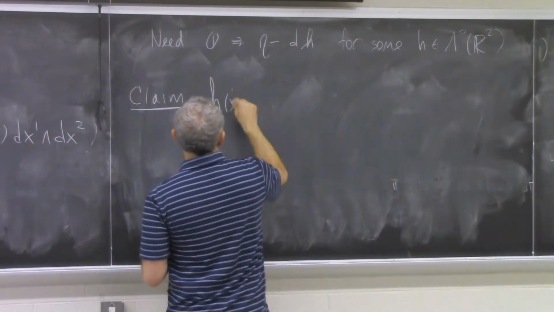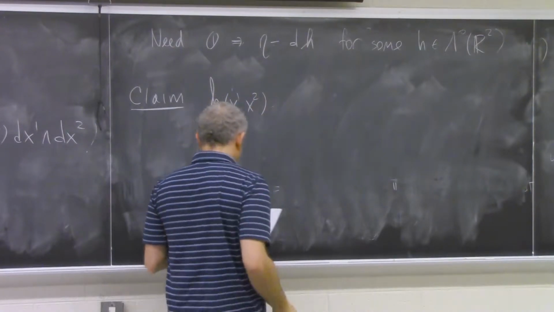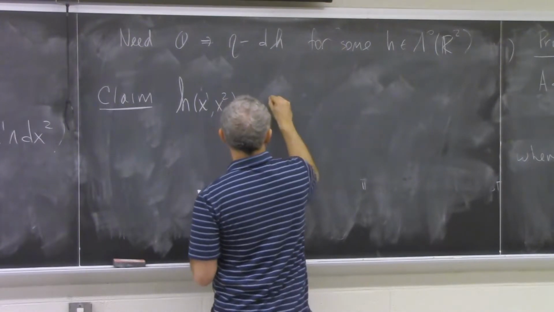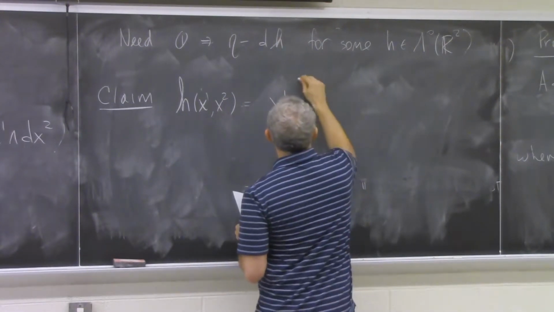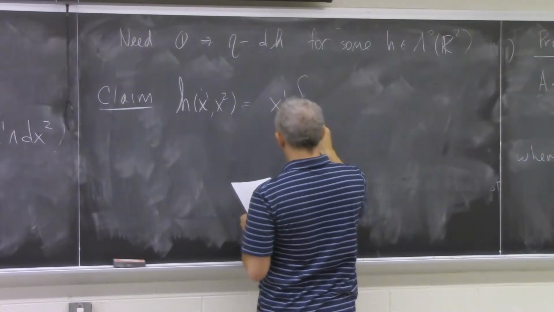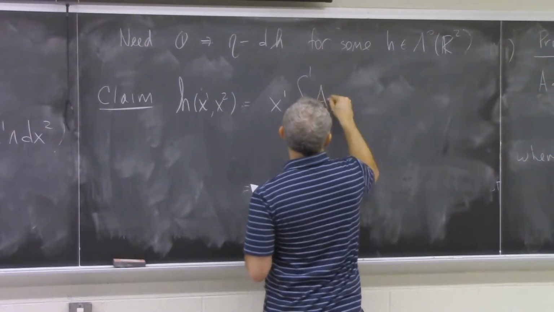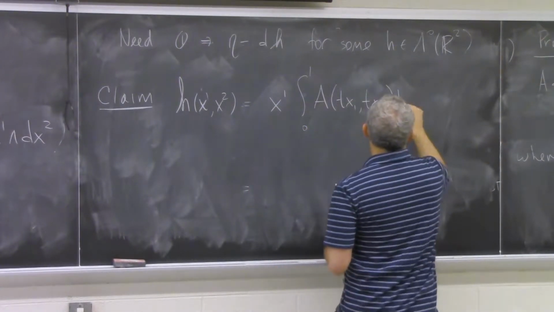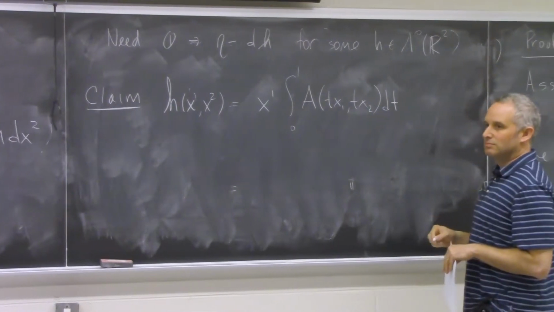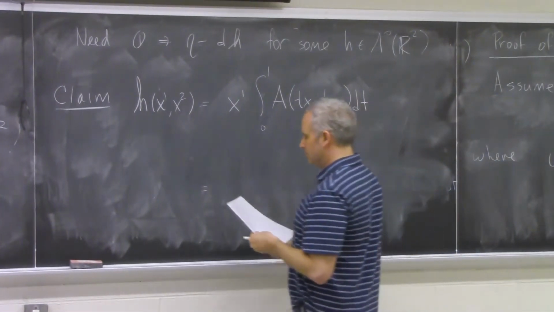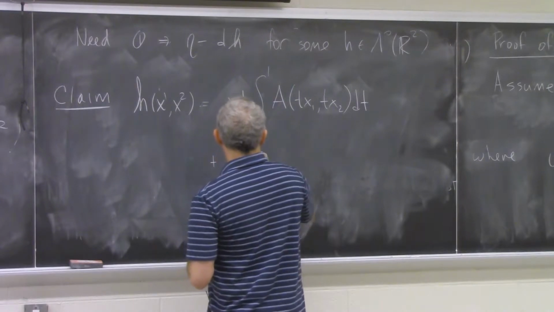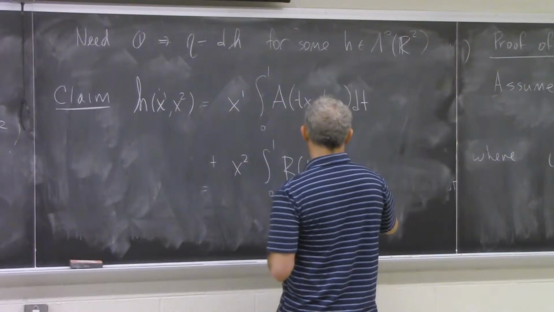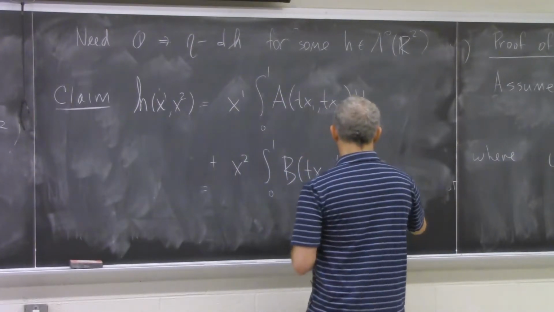So we're going to define a function, and it will be the following. Okay, so it's equal to x1 times the integral from 0 to 1 of a(tx1, tx2) dt, plus x2 times the integral from 0 to 1 of b(tx1, tx2) dt.